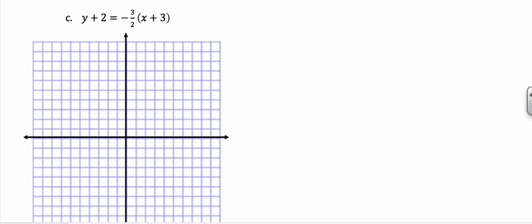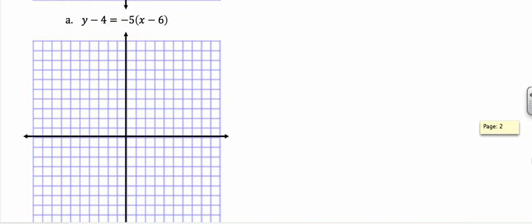Okay, last one. Hopefully this one was pretty straightforward except for the slope. The point is 6, 4. That's right here. Slope is -5. Remember how we deal with slopes that are whole numbers? We put them over 1 and make them into a fraction.